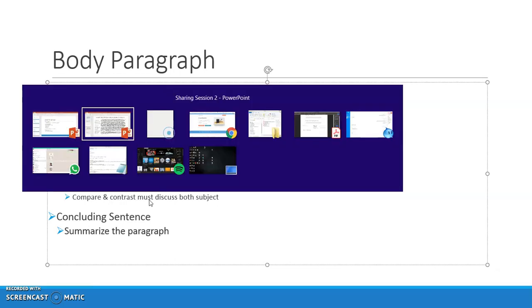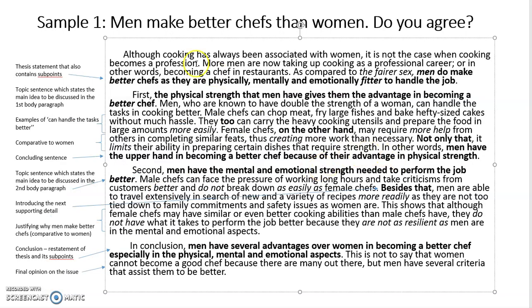If you look at this example here, first it talks about men, how men have more strength, and then the second part talks about women, how on the other hand they may require more help. So this is a good example of a compare and contrast body paragraph where it talks about both.